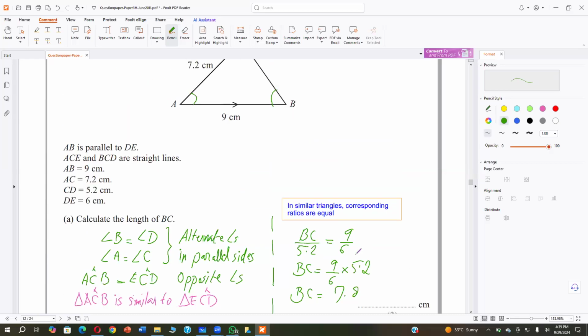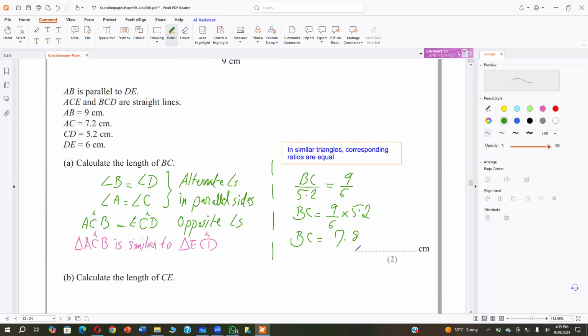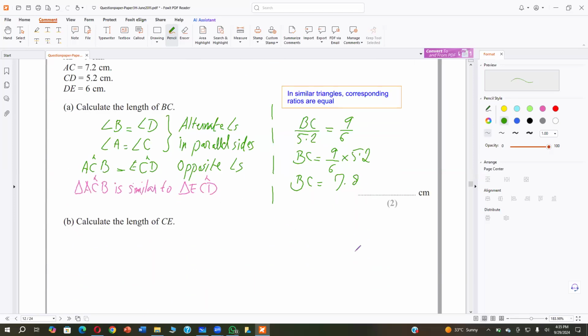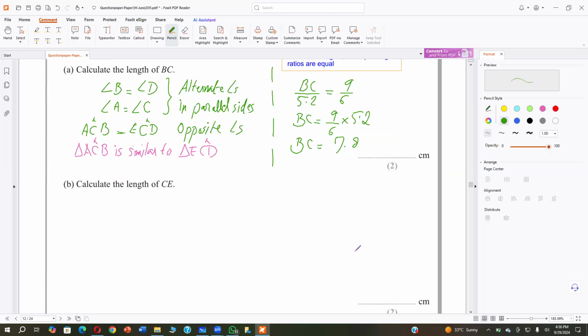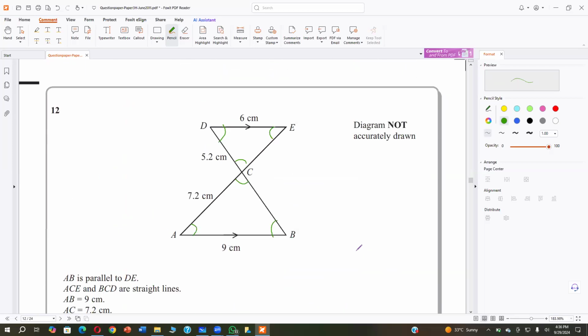What do you find here? I think it's calculate the length of CE.